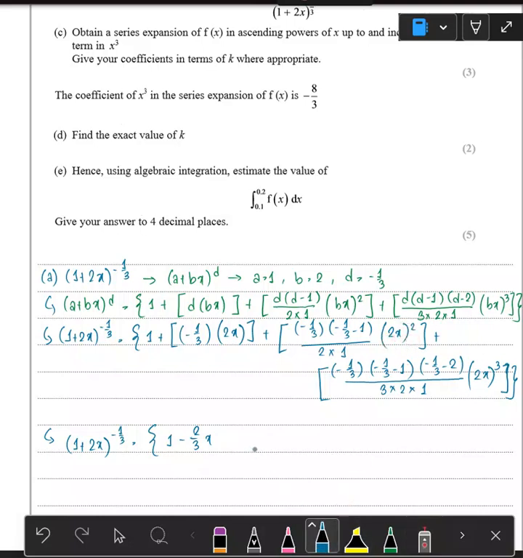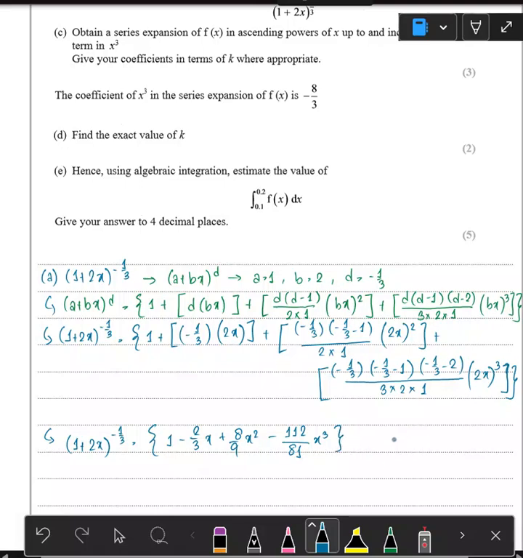So if you put that in your calculator, then this will be 8 by 9 x square. Similarly, if you put all this in your calculator, which is negative 1 by 3 multiplied by negative 1 by 3 minus 1, multiplied by negative 1 by 3 minus 2, divided by 6, 3 multiplied by 2 multiplied by 1 is 6, multiplied by 2x whole cube, which is 8x cubed, you will get a value of negative 112 divided by 81x cubed.